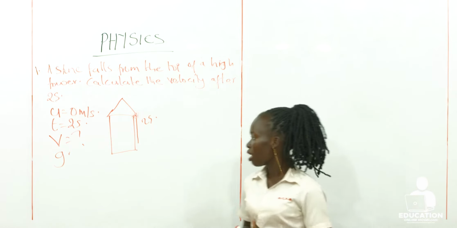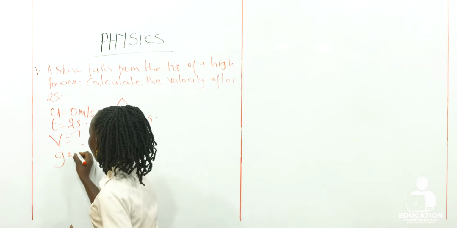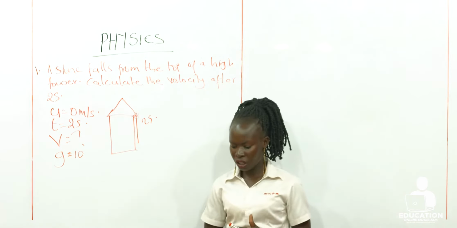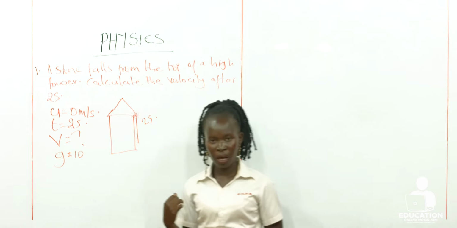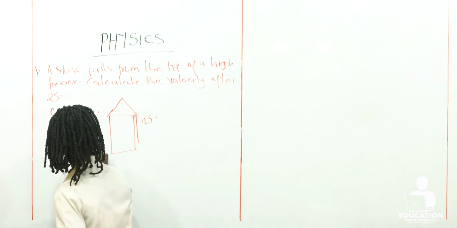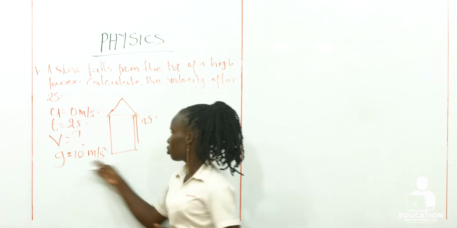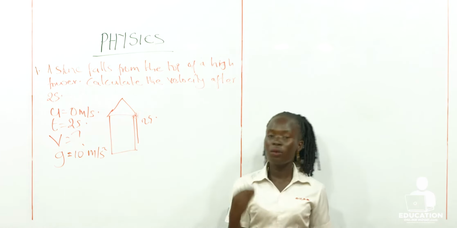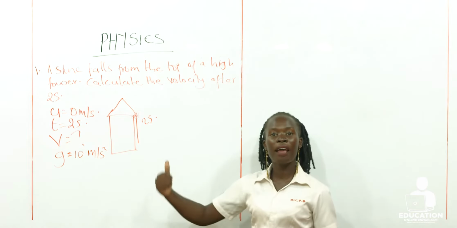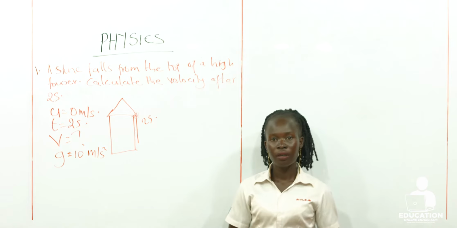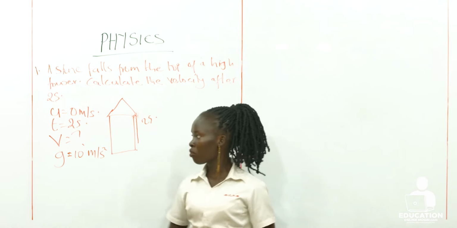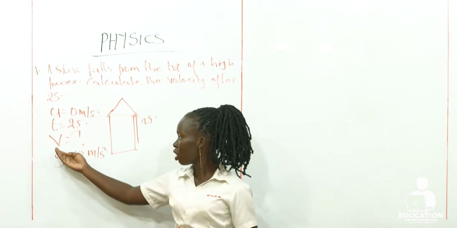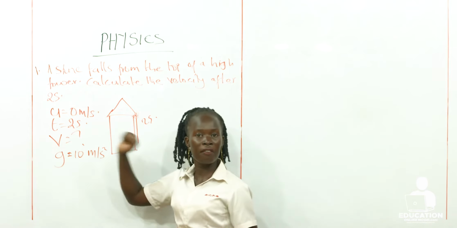So if it is 10, that means here we have the value of acceleration due to gravity. It is measured in meters per second squared. We shouldn't be forgetting the SI units. So which equation are we going to apply for this question? We have the initial velocity, we have the time, we have the acceleration due to gravity, and now we need to find the v.